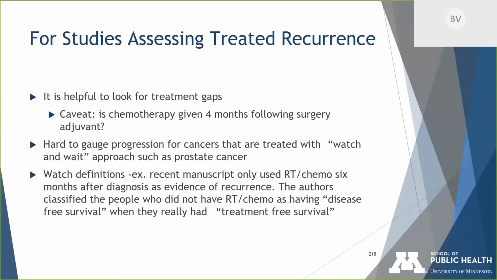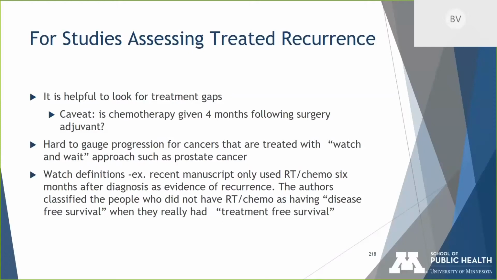It can also be hard to gauge progression for cancers that are treated with a watch and wait approach, like prostate cancer. Initially there's a watch and wait approach, so you don't observe any treatment. You may see a biopsy, and then maybe are they going to get treatment after that? It's hard to say what's going on with the progression of their disease.